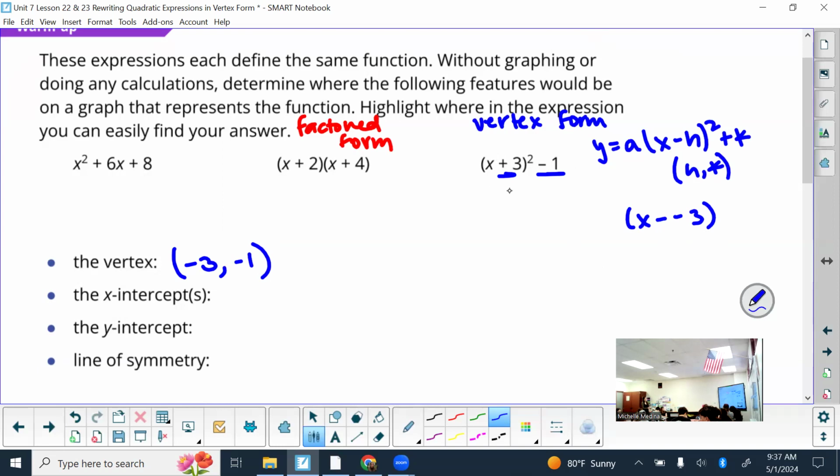Okay. So then table 9, what about my x-intercepts? What are they? We mentioned that they're easiest to see from factor form, so. Close.